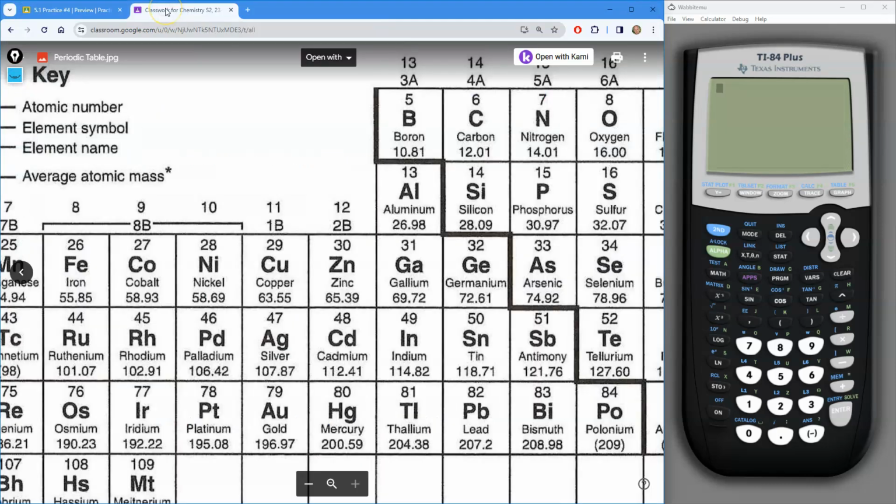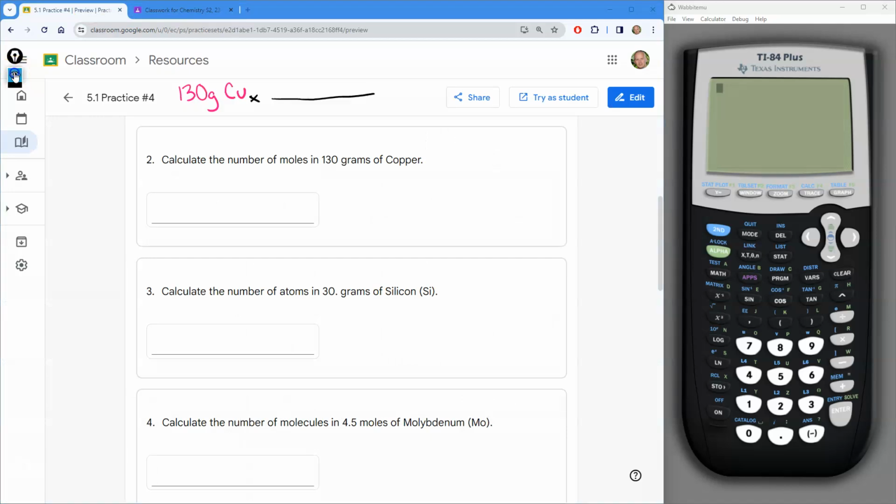So if I go to my periodic table, copper 63.55. So there are 63.55 grams of copper. That's how many grams are in 1 mole of copper. So let's put this in our calculator.